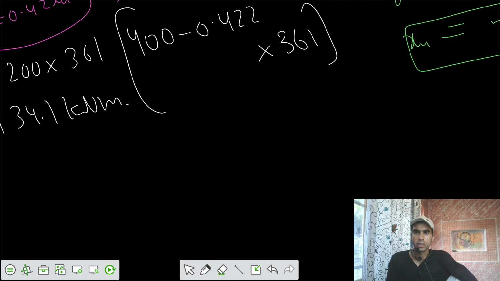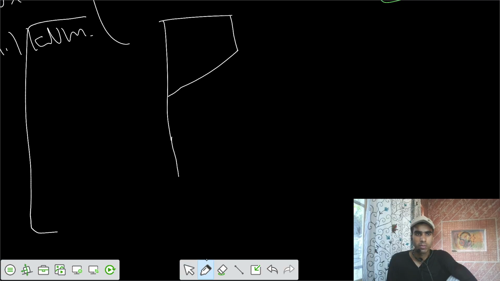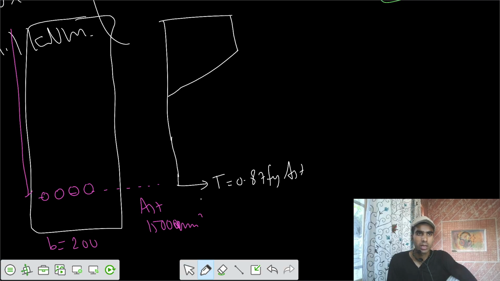The lever arm can be shown in this way. You have a general beam, and the T force is acting here, 0.87 fy Ast. The bars have Ast equal to 1500 millimeters square, the width b is 200 millimeters, and the effective depth small d is 400 millimeters.